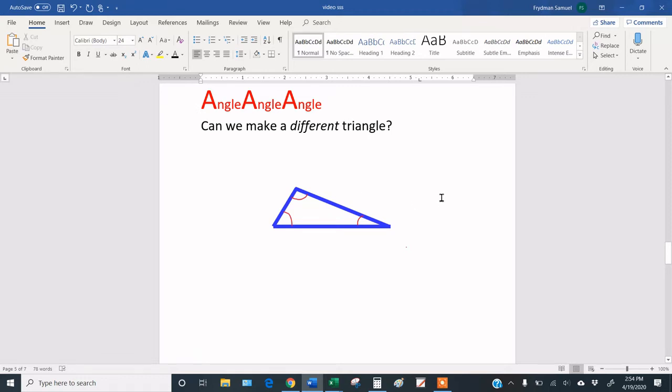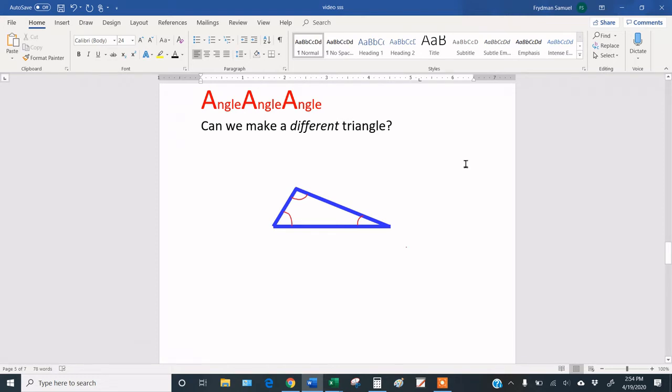And once again, we're going to ask ourselves, can we make a different triangle given these conditions? So go ahead, pause the video, and think about it for a little bit. Did you think about it? I hope so.